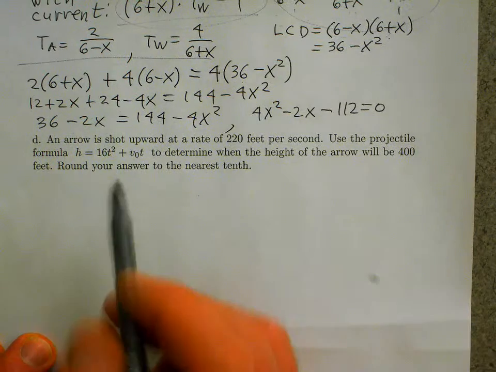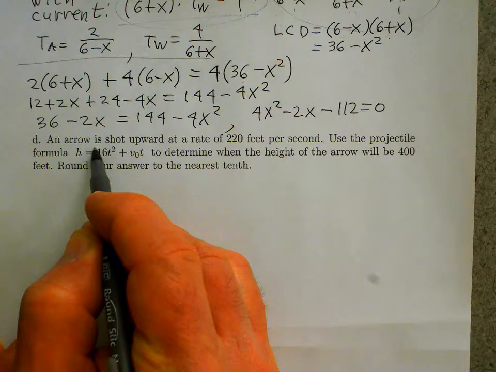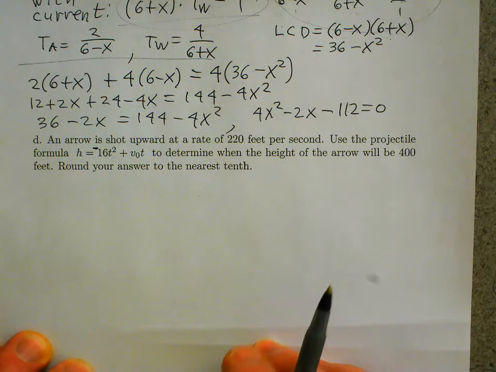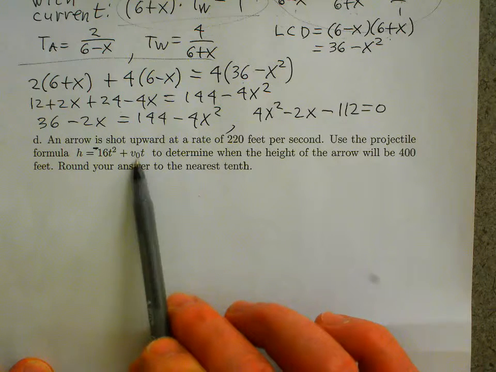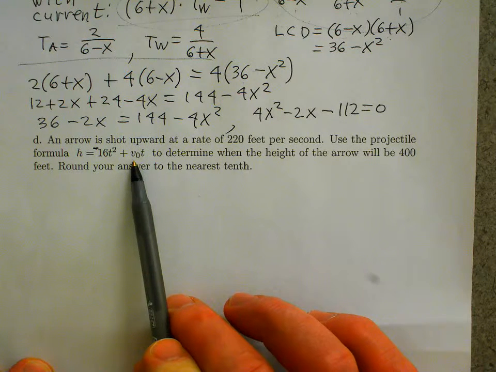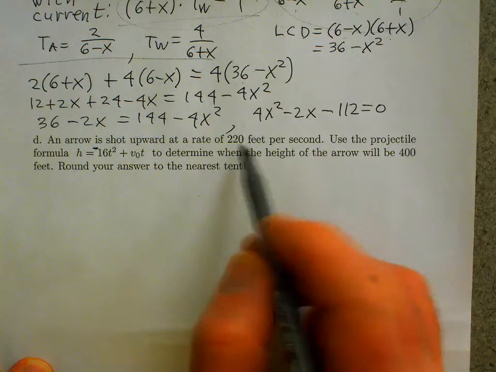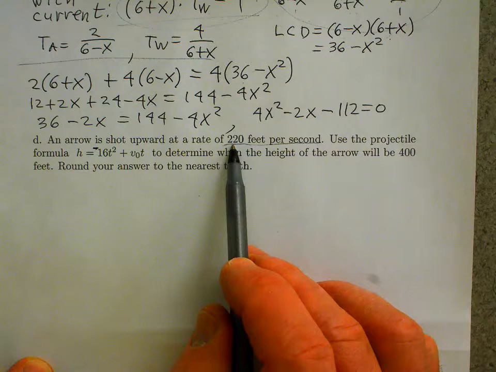Okay, there's a typo here. This should be h equals negative 16t to the second. V sub 0 is the variable that represents the initial velocity, and the initial velocity is given to be 220 feet.